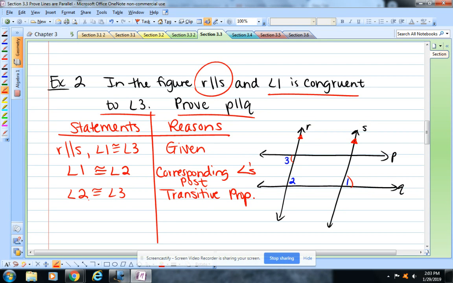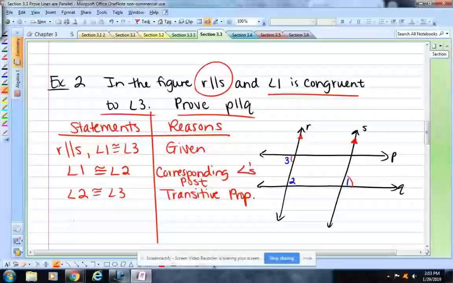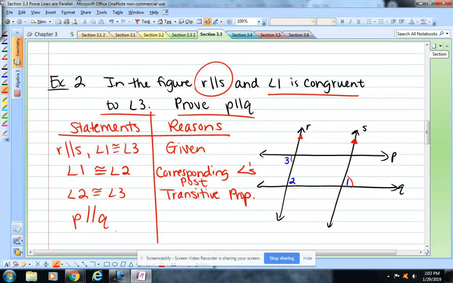Which lines are we trying to prove is parallel? Is that the ones I just proved? So I can say P is parallel to Q because of the alternate interior angles converse theorem. THM is theorem, okay? Alternate interior angles converse theorem. Congratulations, you just did your first parallel proof.